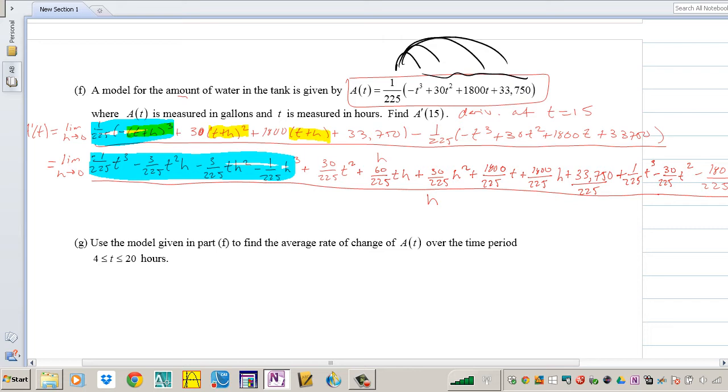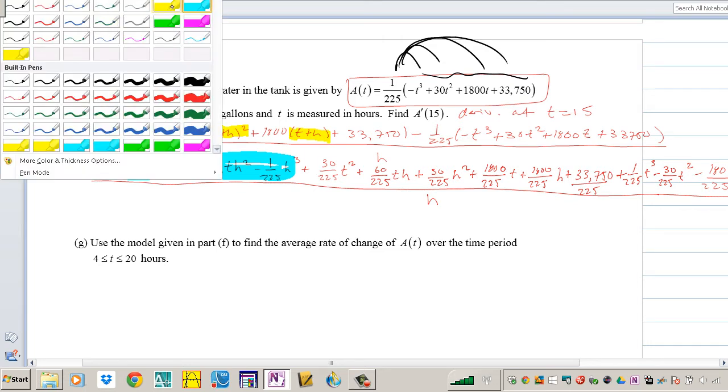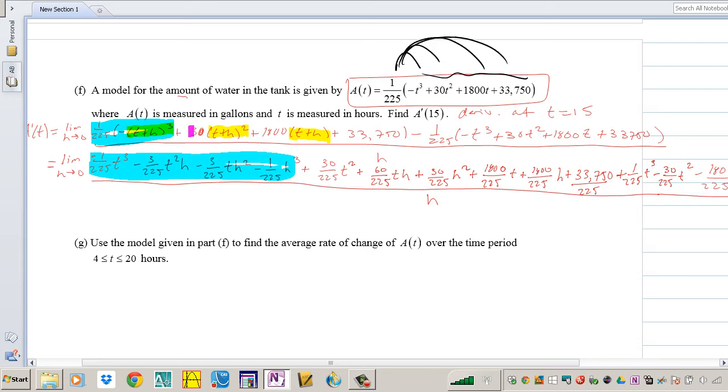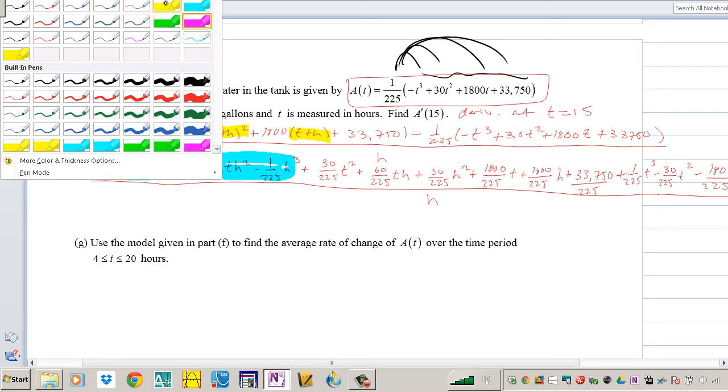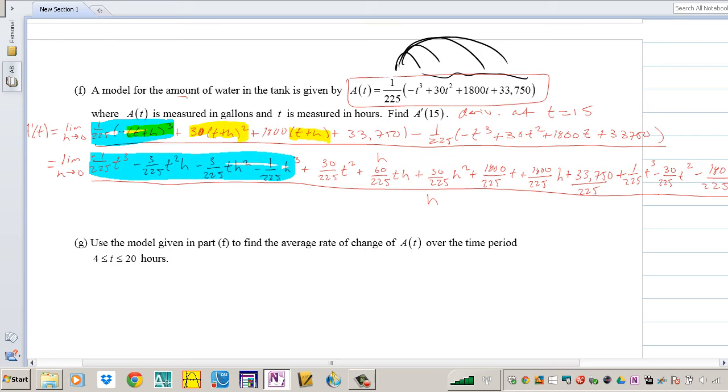Then the next part that I did was I took the times 30. Let me do it in yellow. I took the times 30 t plus h squared and expanded that, and because of the 225 in the bottom, it became a denominator once I multiplied everything out. And again, the 1800 t plus h, here it is, 1800 t and h with the 225 in the bottom.